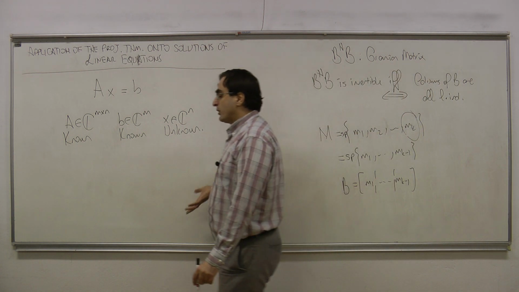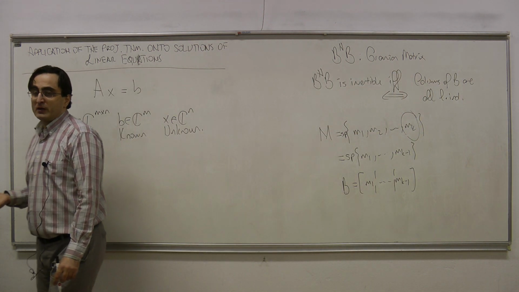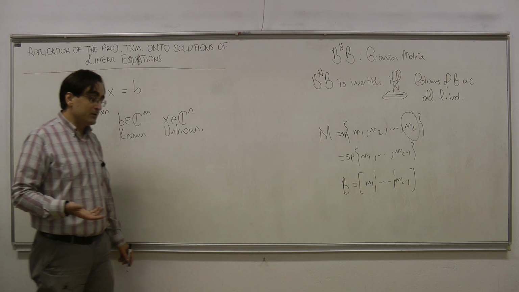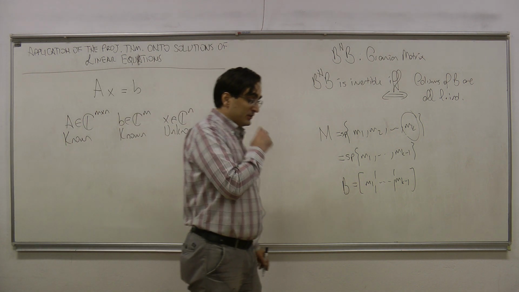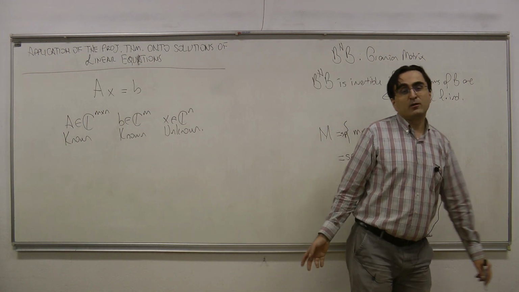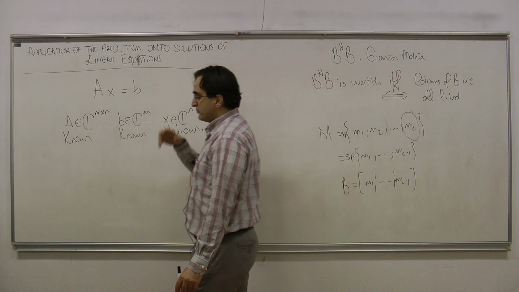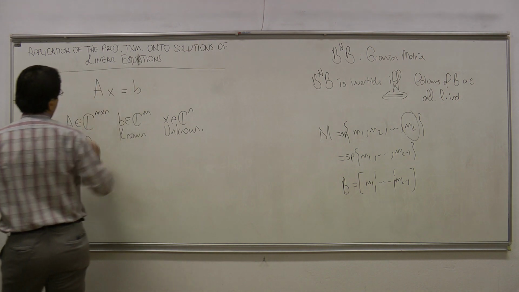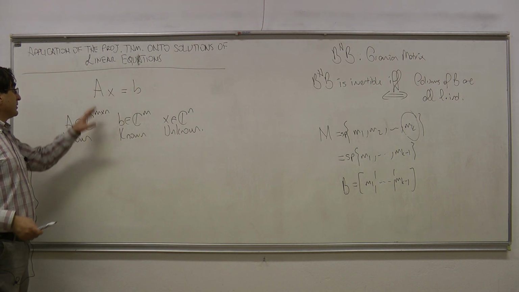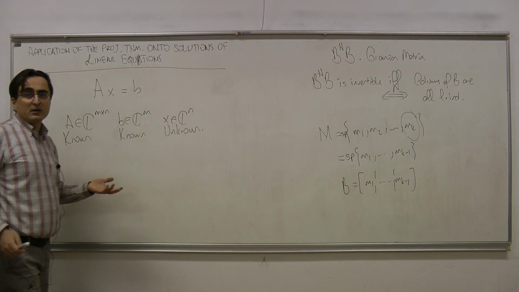This type of equation appears in many parts of electrical engineering, and actually in many different fields of engineering. For example, if you are working on fluid mechanics or computational fluid dynamics, you always solve this type of equation, but with millions of variables.